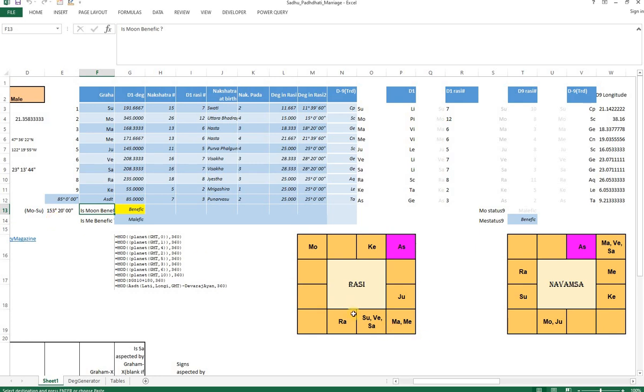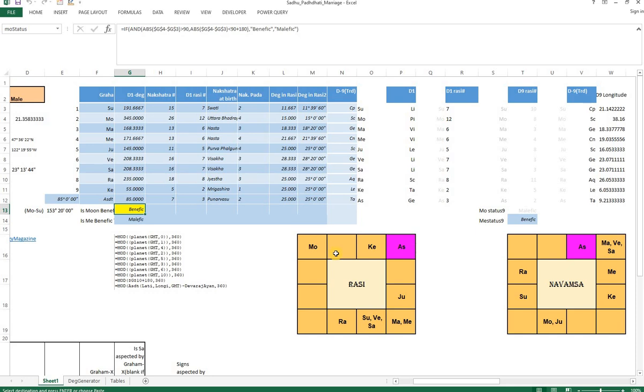Away from Surya. So here, for instance, Surya is here, and the 7th house is here. If it is 9 houses, 90 degrees away from these sides, then it is benefic. So that calculation is made by the formula here. So it outputs whether Chandra is benefic or not. Exactly 90 degrees either way from the 7th house is benefic.